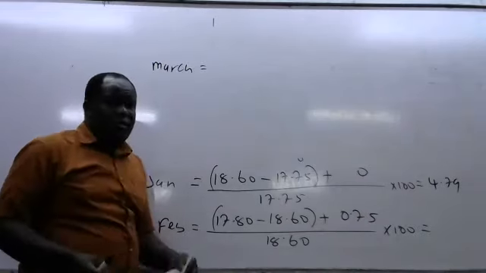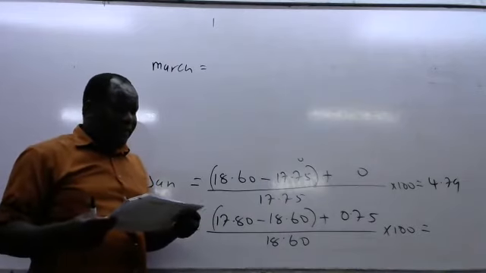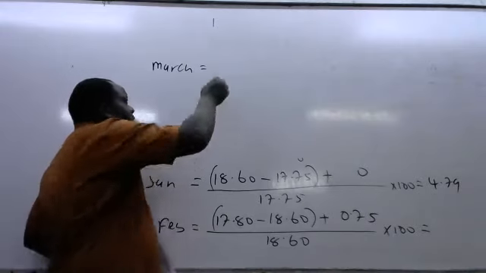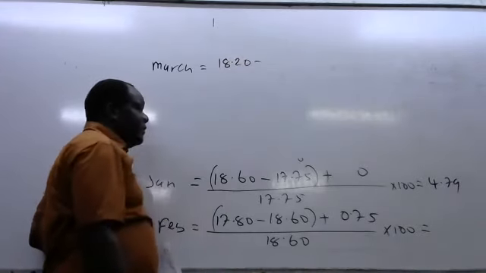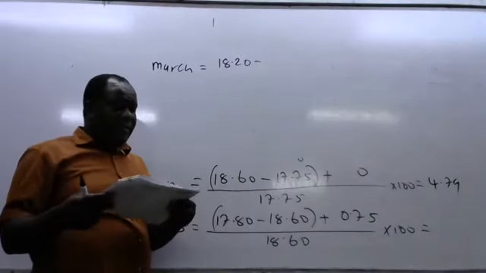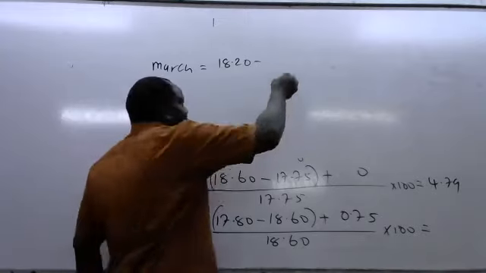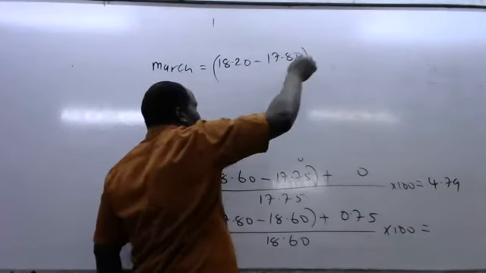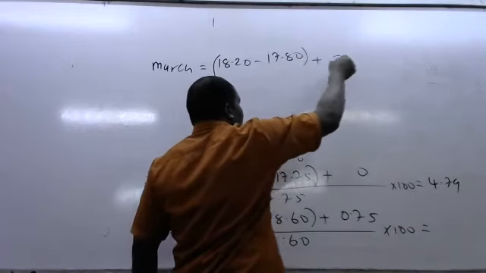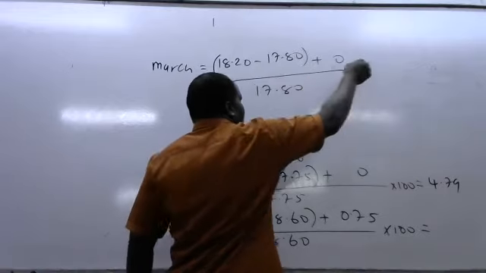So March, you are also given the closing net asset value, which is 18.2. Then we subtract. The opening is the one for February, which is 17.8. So, were there dividends? No. Then also divide by 17.8.